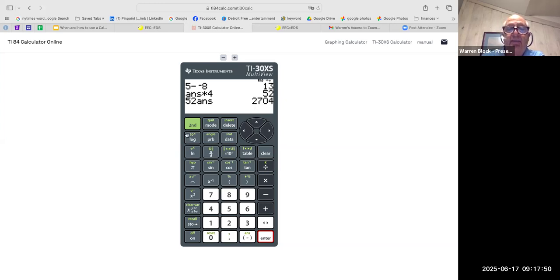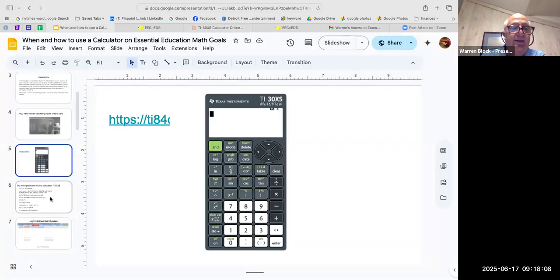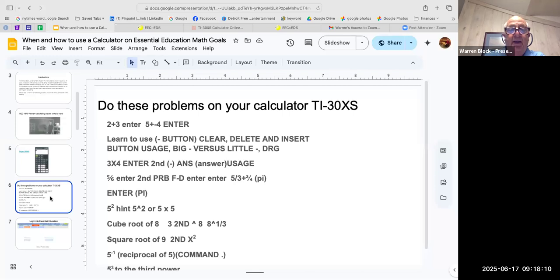If I want to divide by 52, answer divided by 52, I should get 52 again. So play around with that, some of the numbers, and let's go back and try another thing. Okay, we did the answer button and how you can multiply that again.